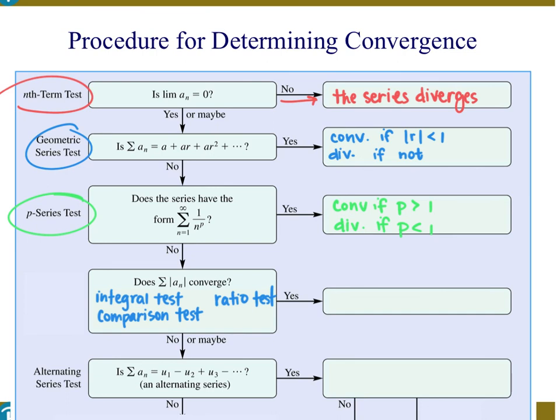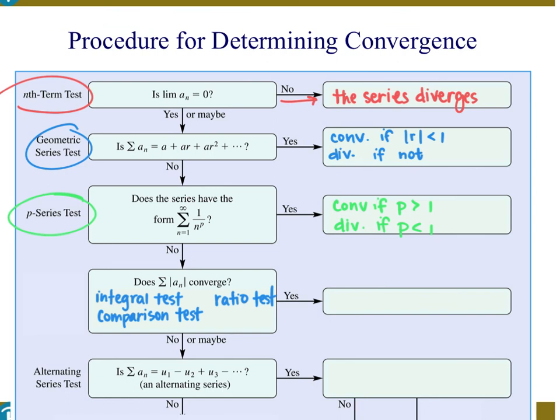If those are inconclusive, or if the requirements of those are not met, all right, so for a ratio test, you have to have the limit of the two terms, and then you come out with your L. If you have an integral test, your terms have to be positive and decreasing. If that isn't met, you can try a comparison test. Okay, so you just keep working through.